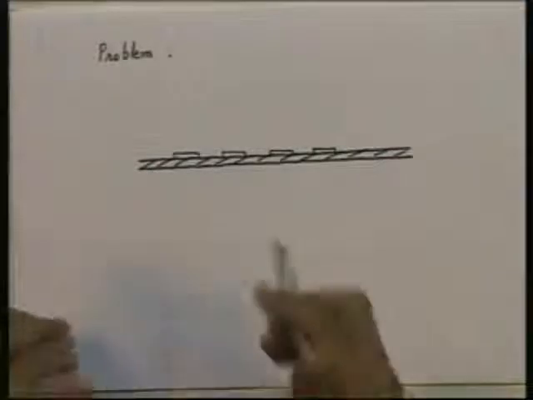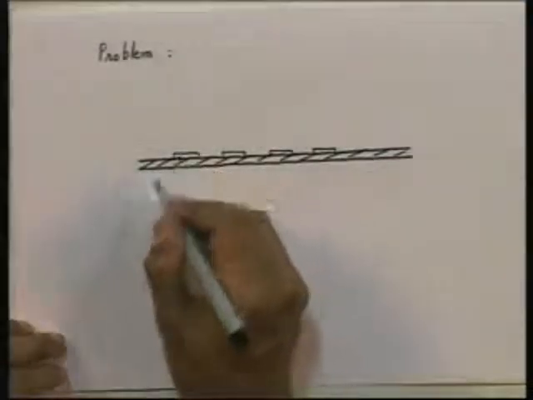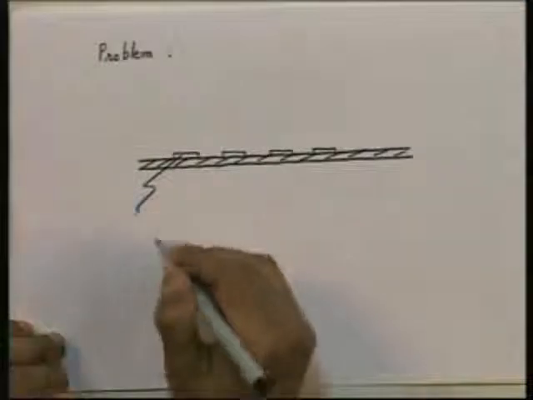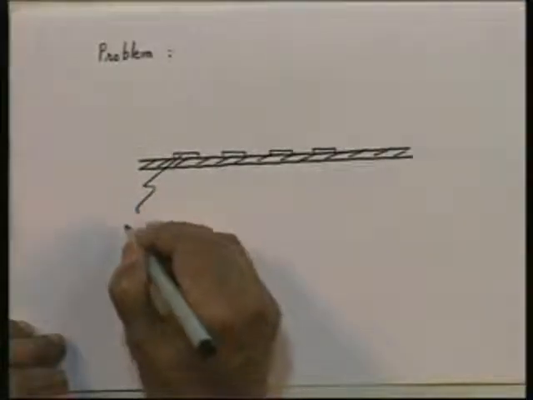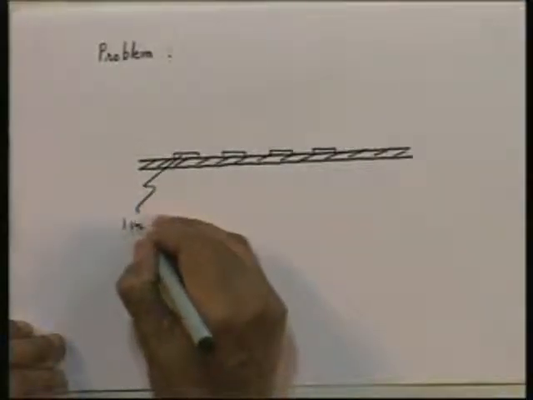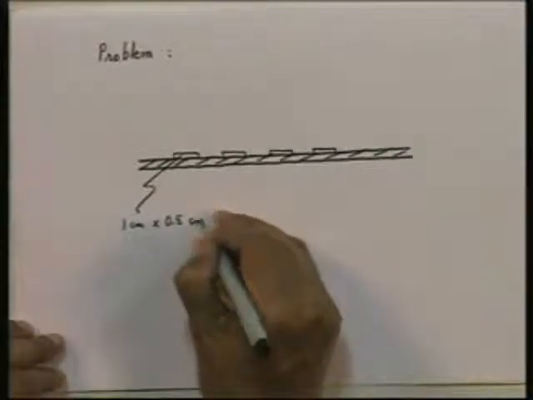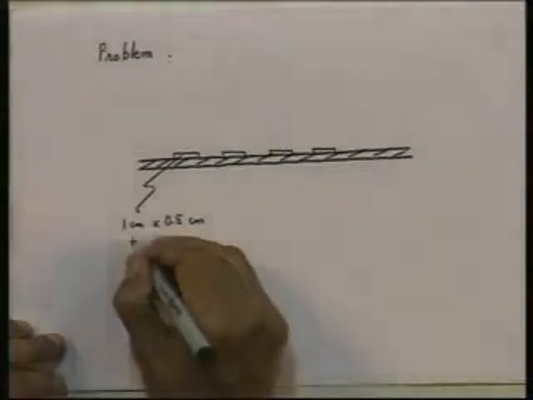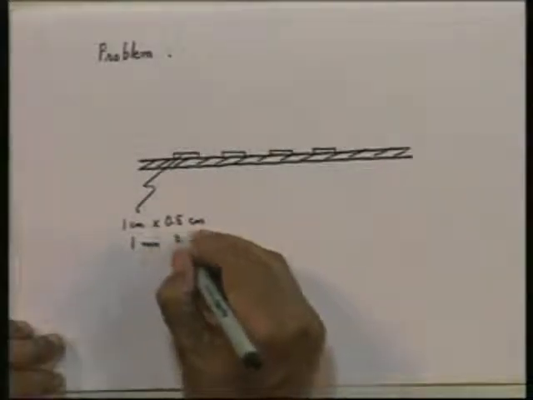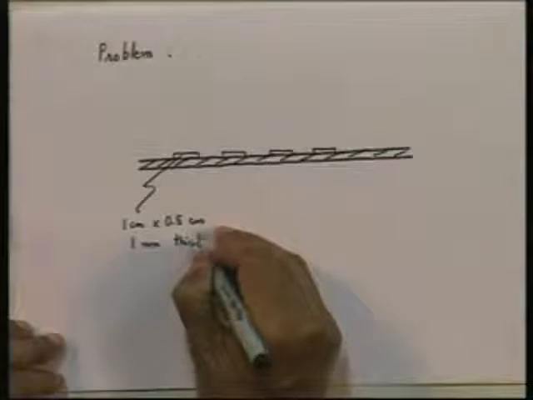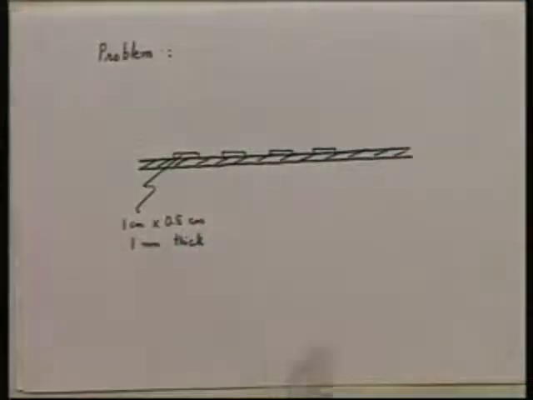Like this. And let us say the dimension of each chip is 1 centimeter by 0.8 centimeters, and it is 1 millimeter thick. It's a rectangular chip, 1 centimeter, 0.8 centimeters and a millimeter thick.